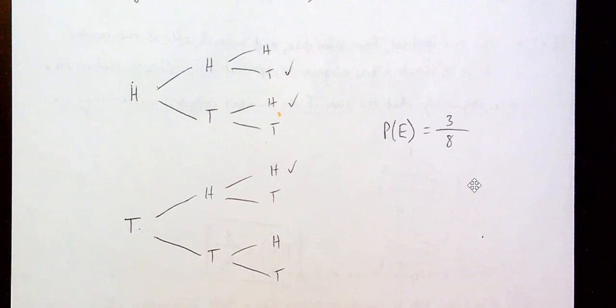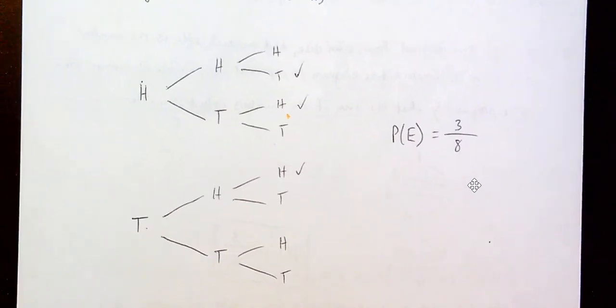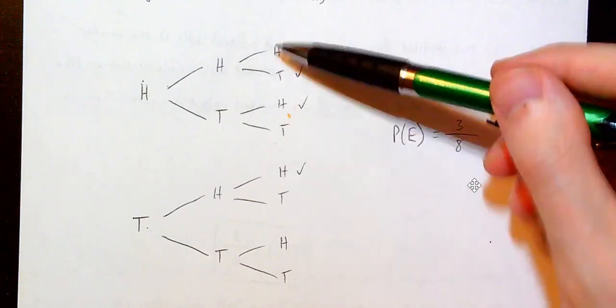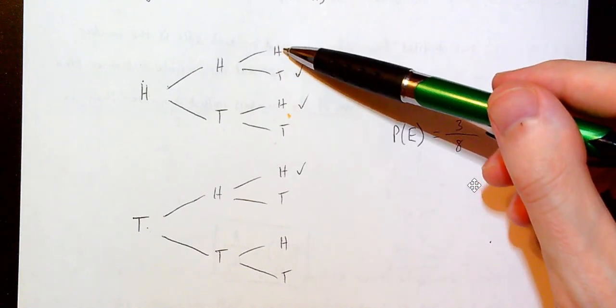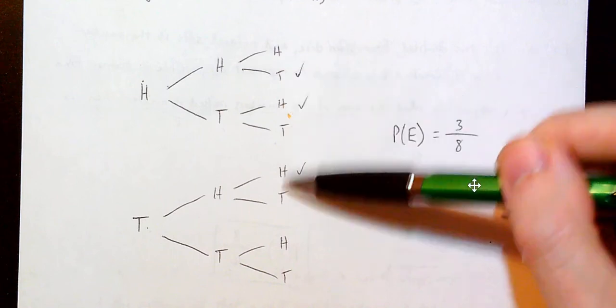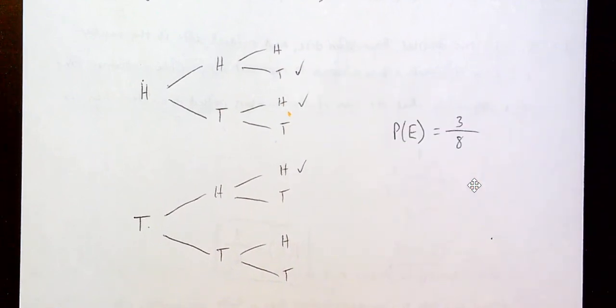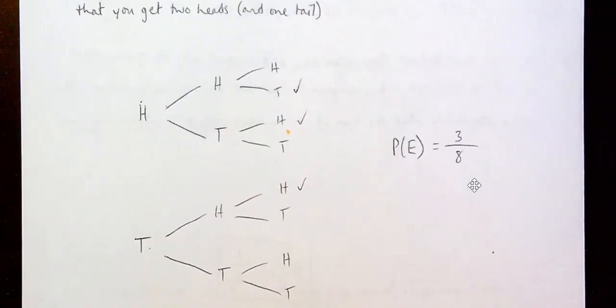The other way you could have figured out how many outcomes you had in the sample space was just add up how many things you had going down this column. 1, 2, 3, 4, 5, 6, 7, 8. But it's pretty straightforward to use tree diagrams to come up with probabilities of events happening.